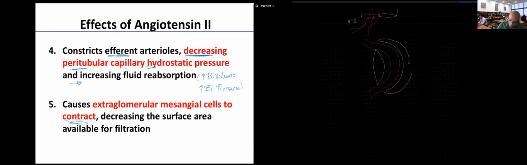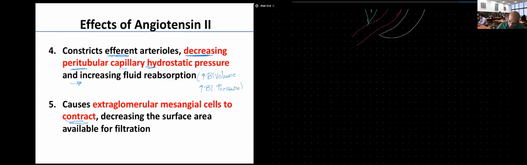So angiotensin II's function here is to stimulate the extraglomerular mesangial cells to contract. So when they contract, what's going to happen?